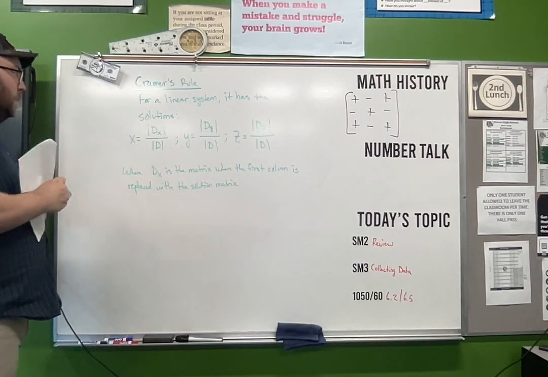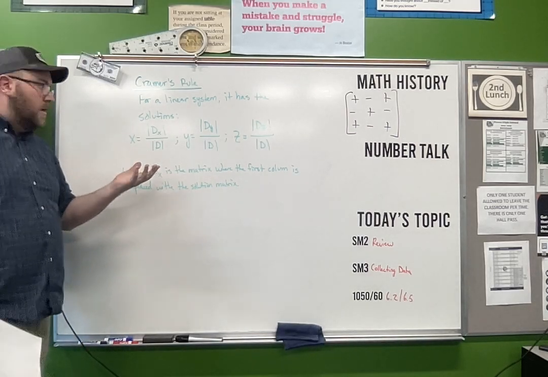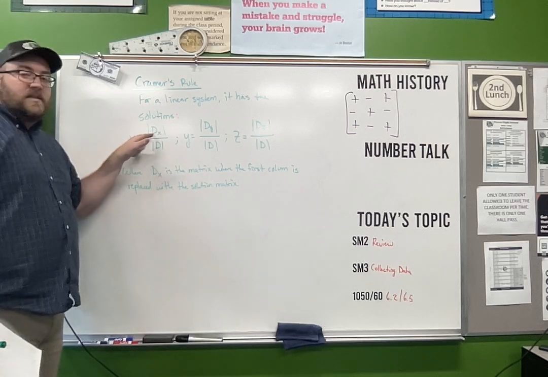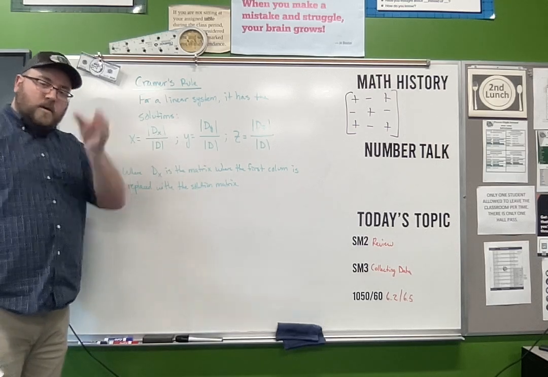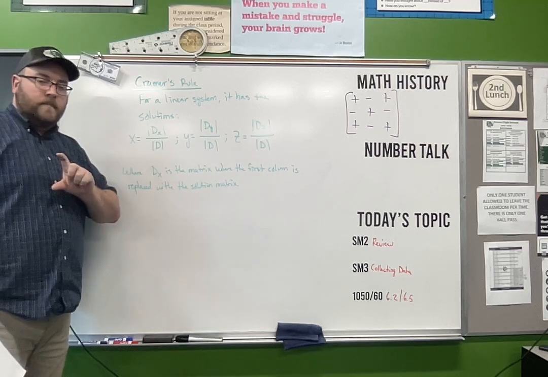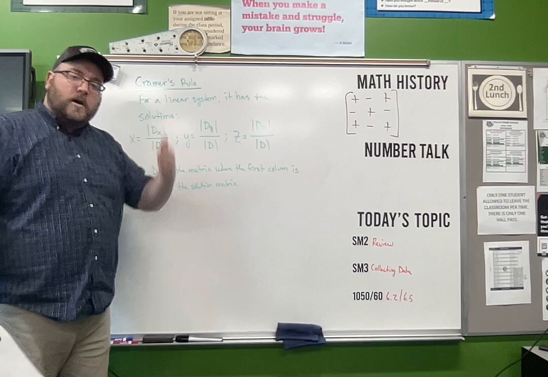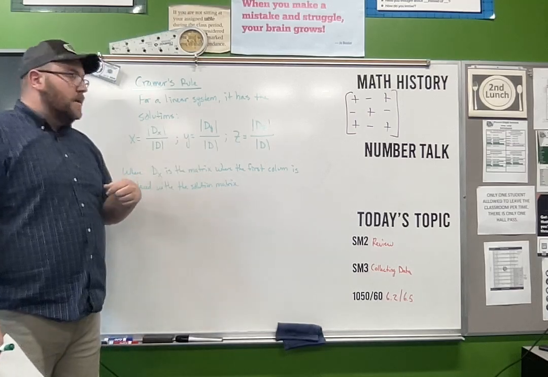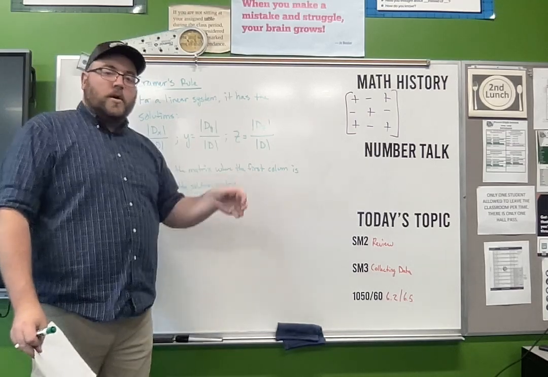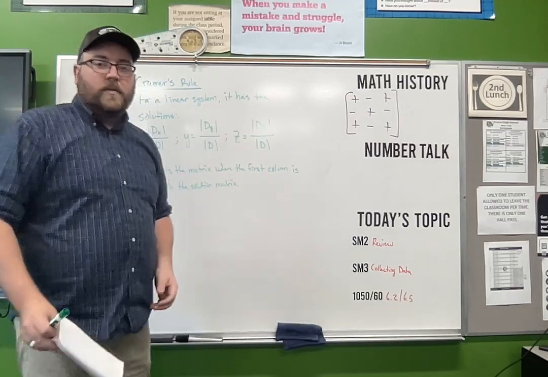Okay, so we have a matrix D. The matrix D sub x is: I take the x column of the original matrix and replace it with the solution column. D sub y is you take the original matrix and replace the y column with the solutions. D sub z is you take the third column, or the z column, and replace it with the solutions, and then find the determinants. Okay.